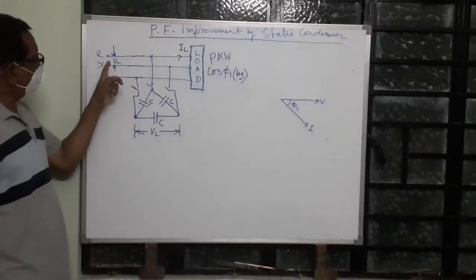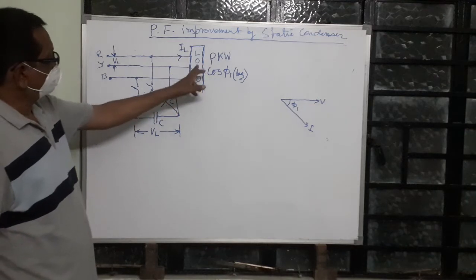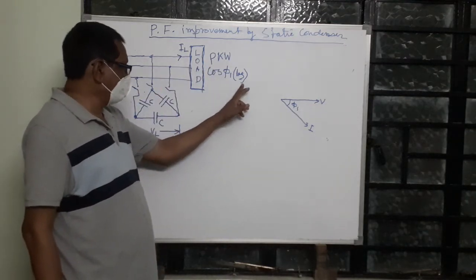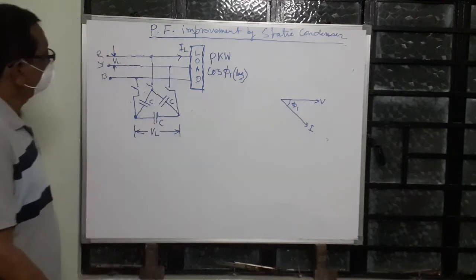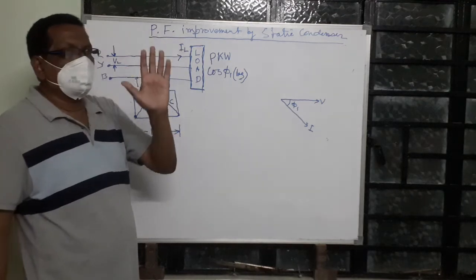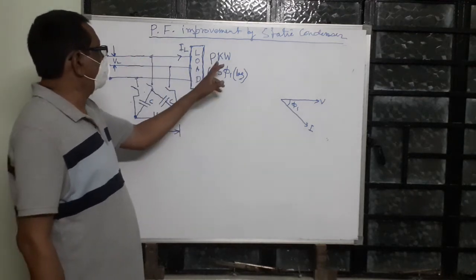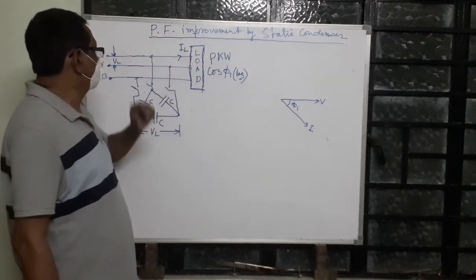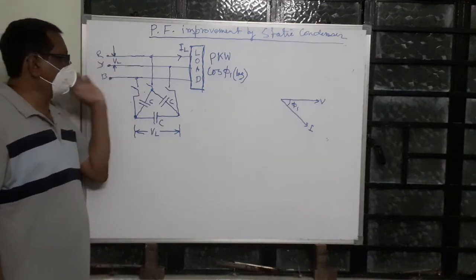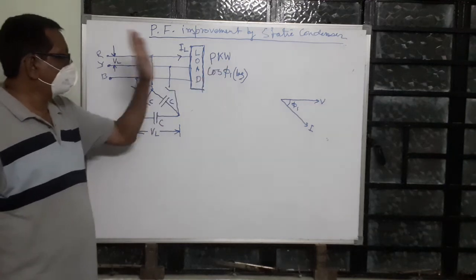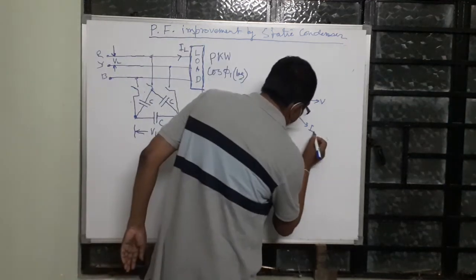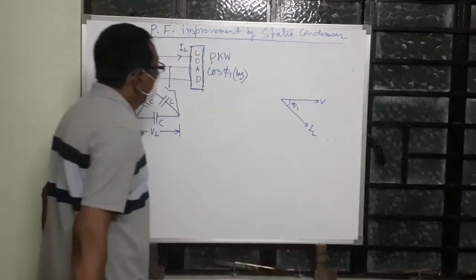This is a three-phase line RYB. The load is P kilowatt with a lagging power factor of cos phi 1. By P equals root 3 VL IL cos phi, we calculate the current IL. The current flowing from the supply is also IL, the load current, at power factor cos phi 1.